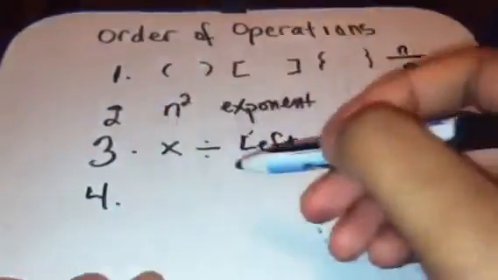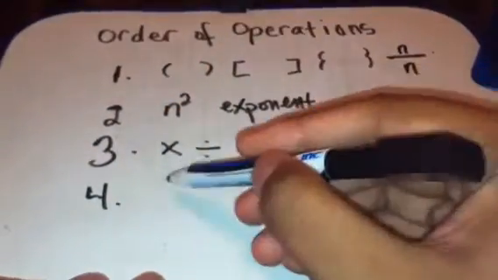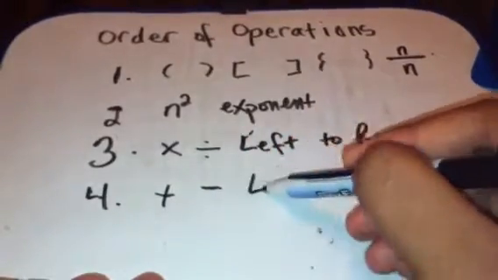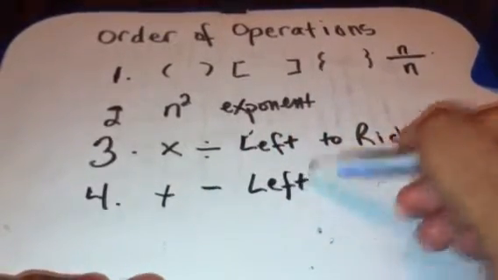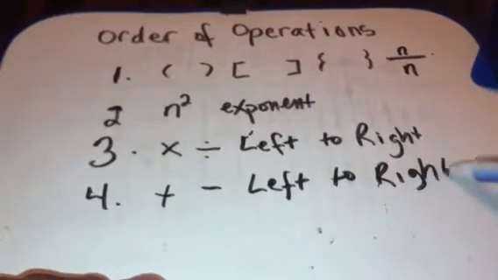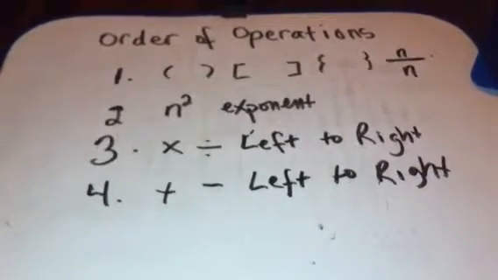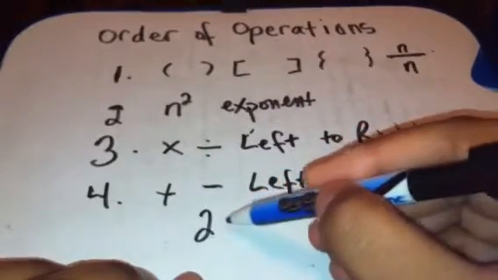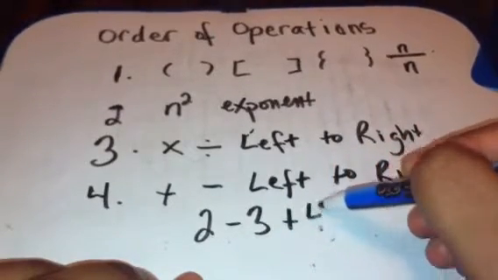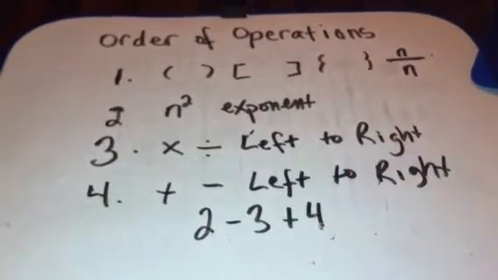And the fourth step will be to add or subtract in order from left to right. So let's write those symbols down. So an example of that would be 2 minus 3 plus 4.